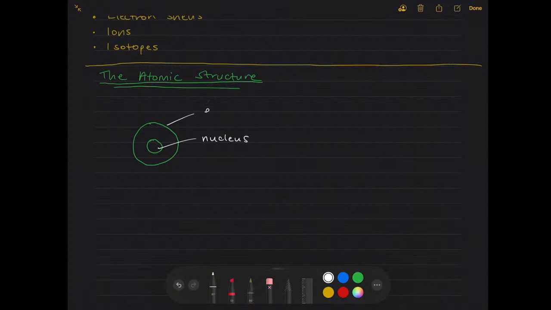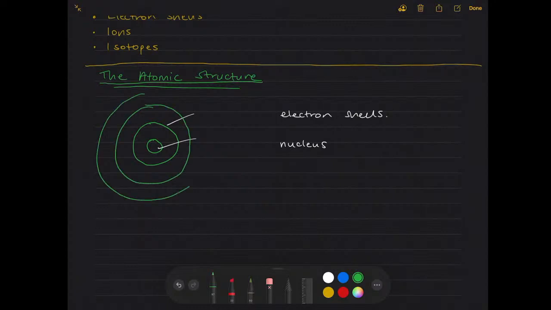And then we have electron shells around the outside. At GCSE, and also at A level, you need to appreciate that there are multiple electron shells, not just the one. We'll talk about electron shells in more detail later in today's session, but this is probably what you have come across in recent months and years, where the X's represent electrons.